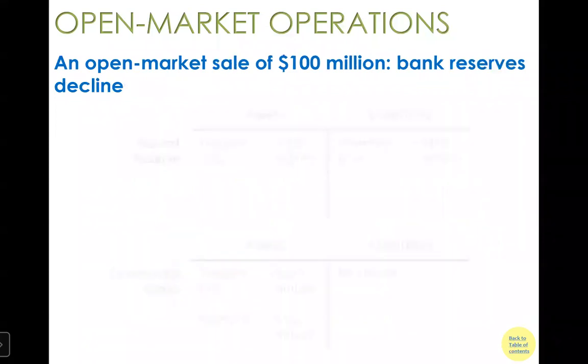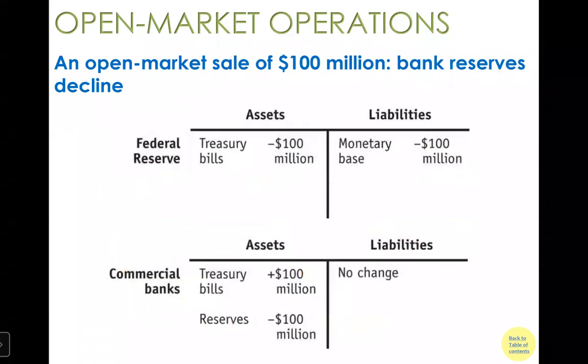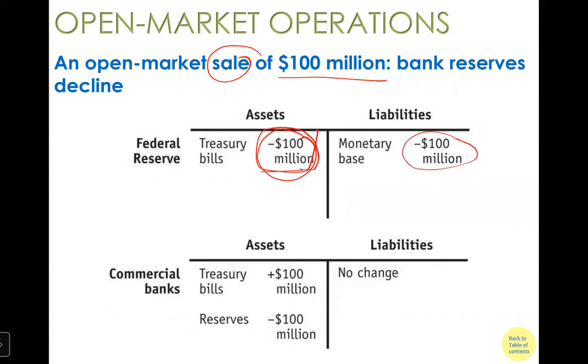On the other hand, the Fed can sell government bonds. If they sell government bonds, their assets are going to reduce. They are losing 100 million of treasury bills. And then since they receive money, they are going to pay part of the liability, paying back the commercial bank.